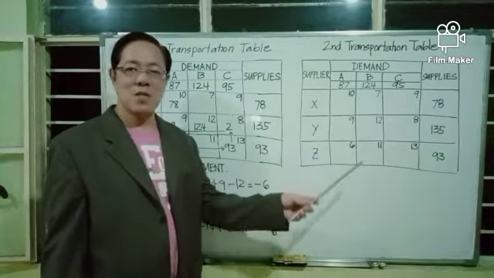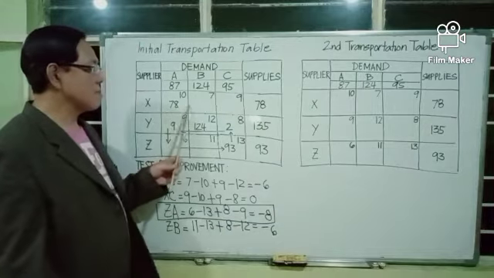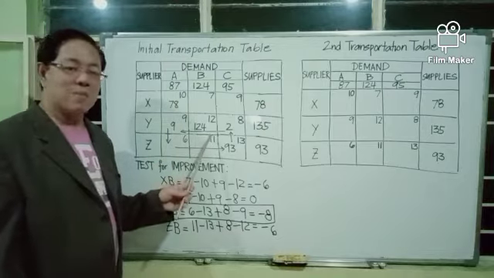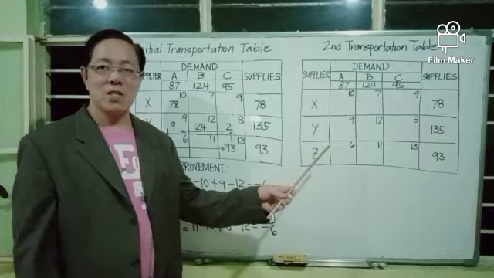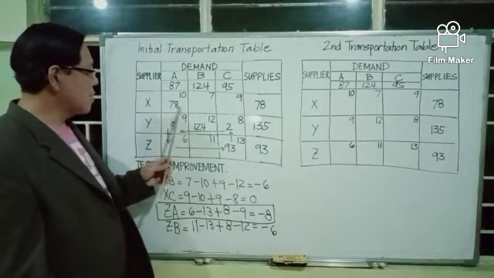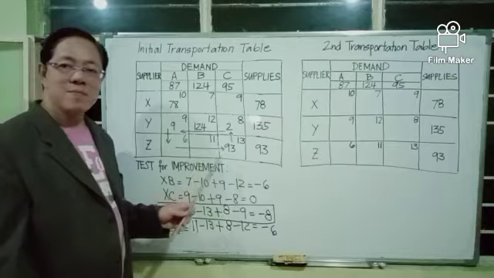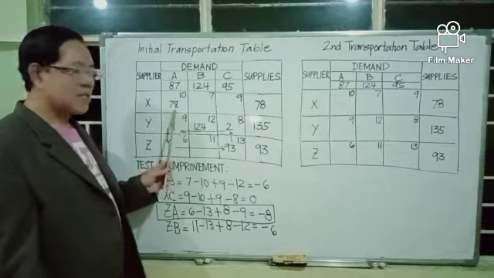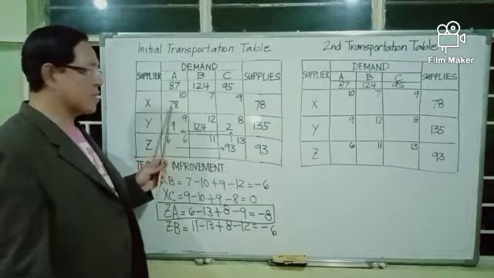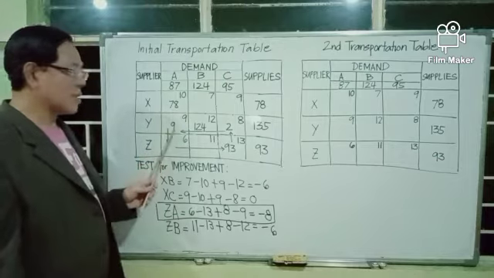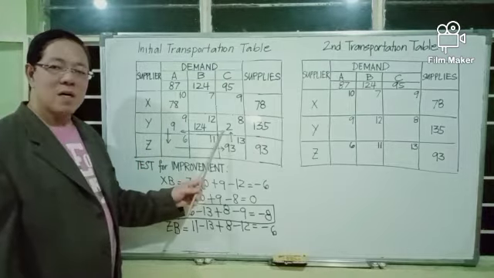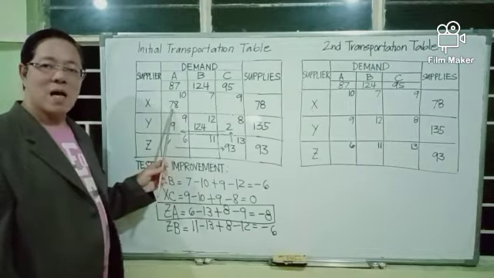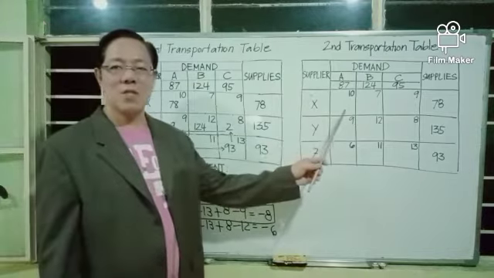In the second transportation table, all the numbers in the occupied cells that are not in the closed path for the vacant cell ZA will remain the same. For example, this cell with 78 units, 78 is not along the closed path for the vacant cell ZA. The 78 will remain as is in the second transportation table.